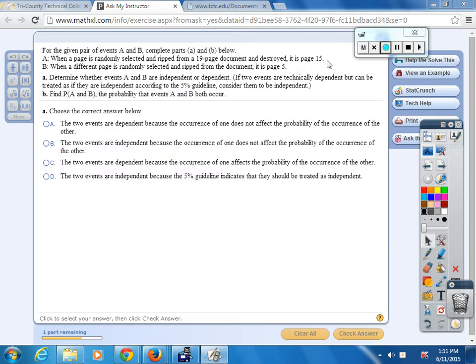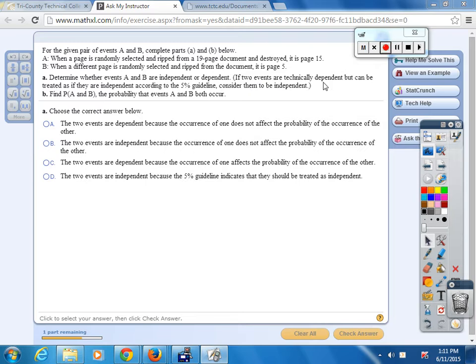So 1 out of 19. Yeah, but I don't understand the question. It's the probability of it being page 15. Okay. All right. And B, when a different page is randomly selected and ripped from the document, it is page 5. Determine whether events A and B are independent or dependent.